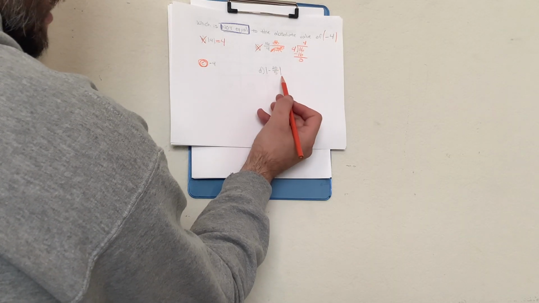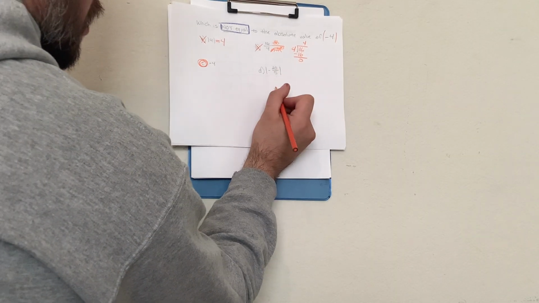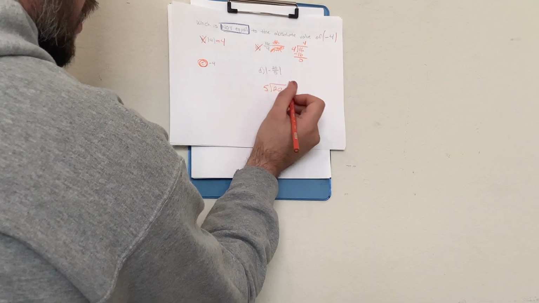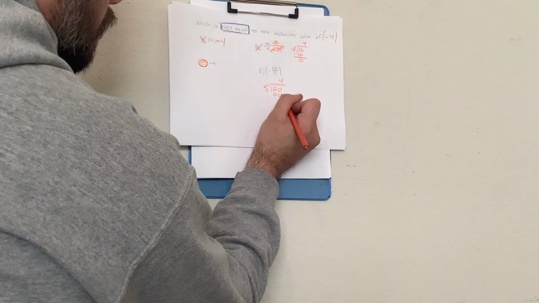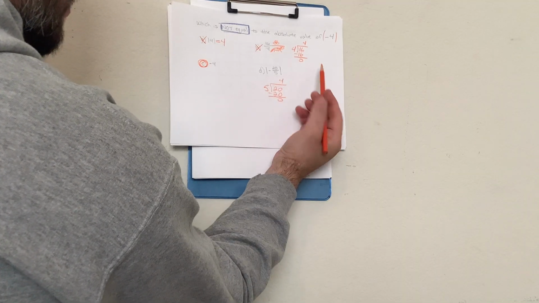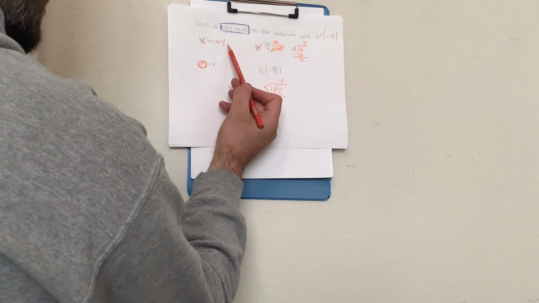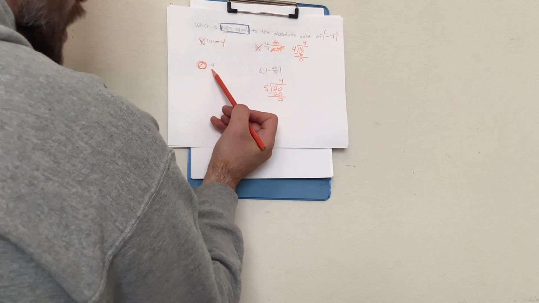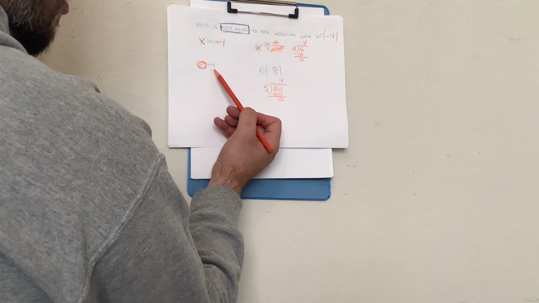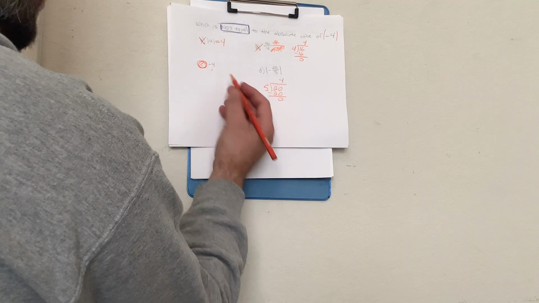20 is going to be my hat. 5 is going to be my horse. Hat goes on the inside. 5 will fit into 20 4 times. There we go. Absolute value of negative 4, not the absolute value of negative 4, because the absolute value is always positive.